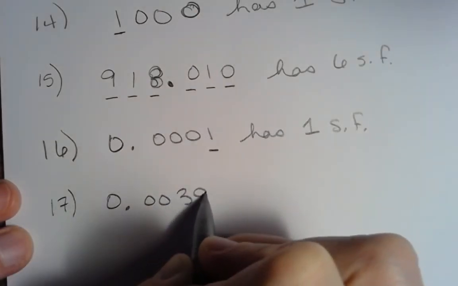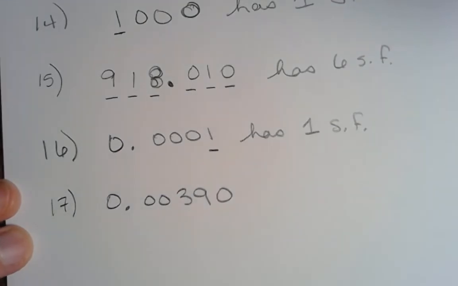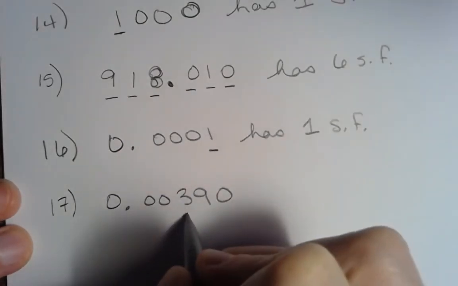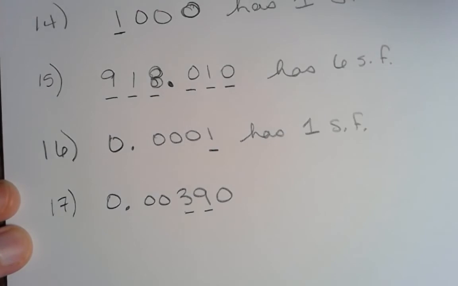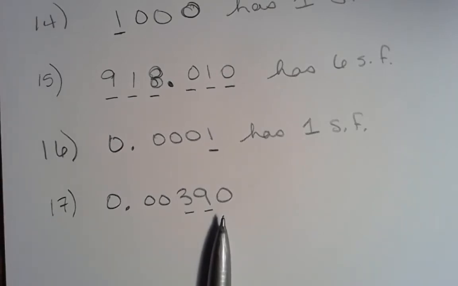0.00390. There again, the 3 and the 9 are definitely significant. These are beginning zeros and not significant. That is an ending 0. Ending zeros are significant if there's a decimal involved.